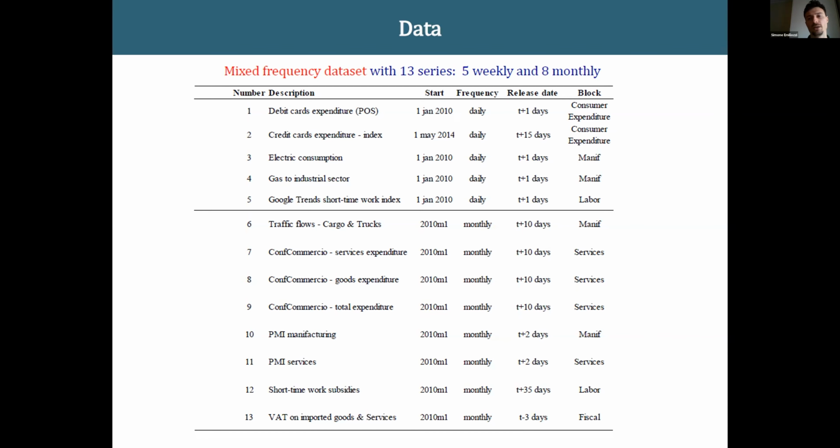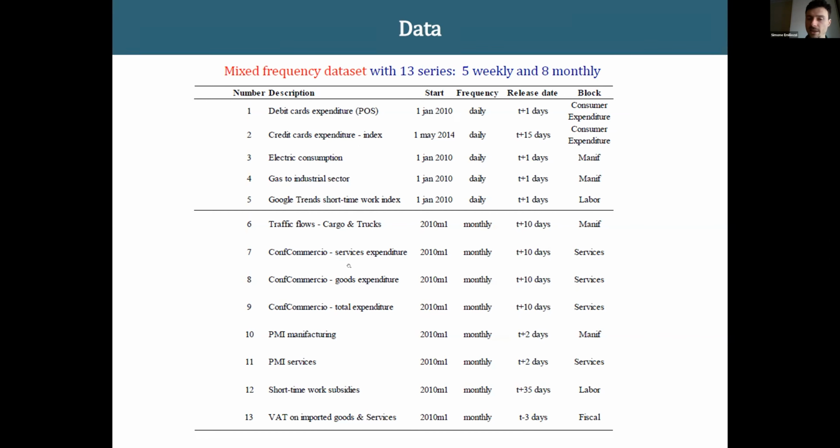So we go weekly. As you can see: debit card expenditure, credit card expenditure, electricity consumption, gas pipeline flows to the industrial sector, and a Google Trends index that signals shortage in the labor market, namely the number of times that people in Italy look on Google Trends for the short-time work scheme.